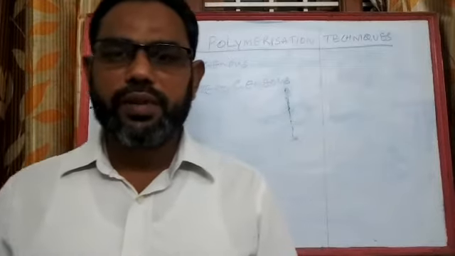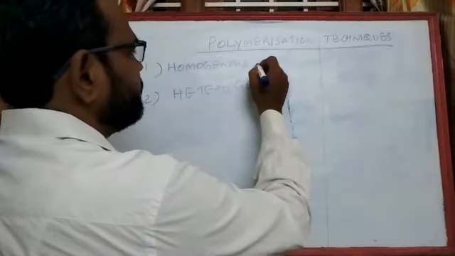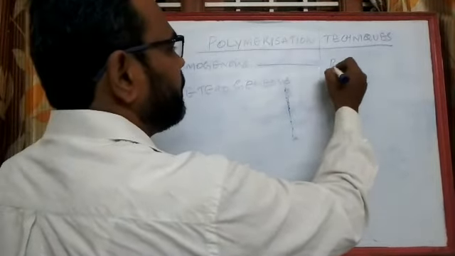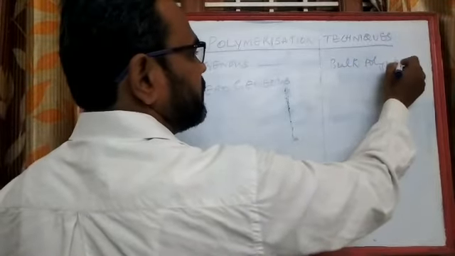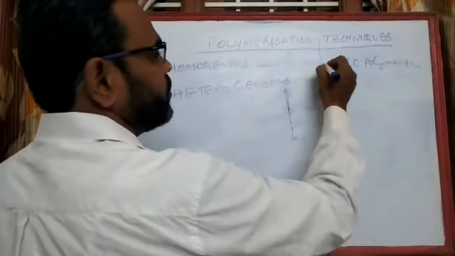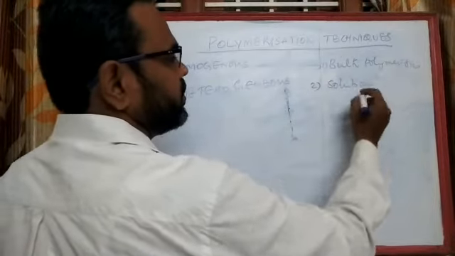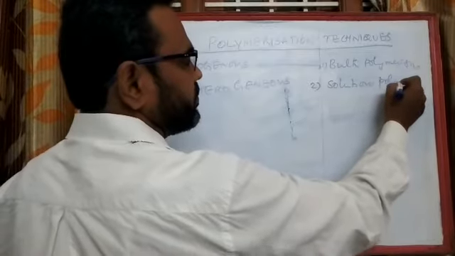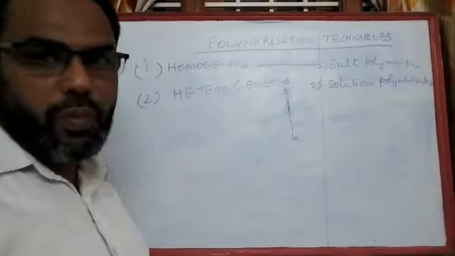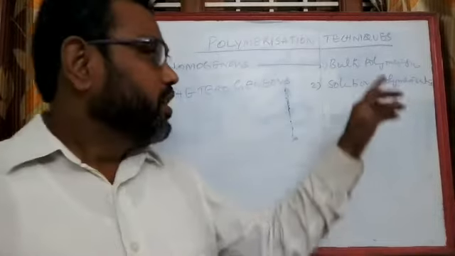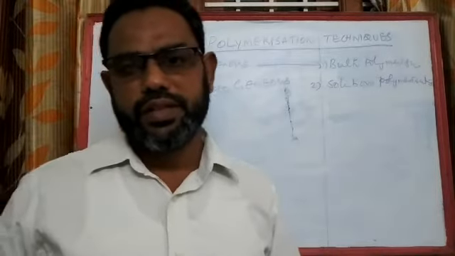Homogeneous polymerization can be classified into two types. One is called bulk polymerization and number two is called solution polymerization.